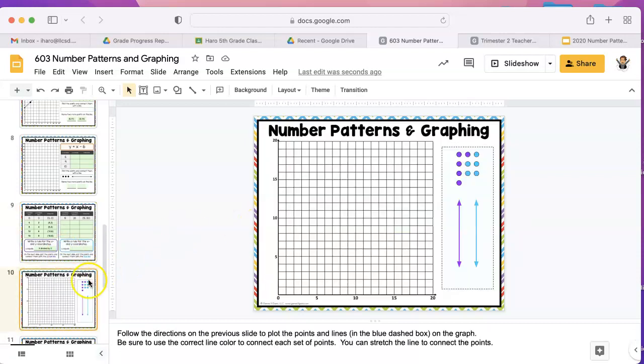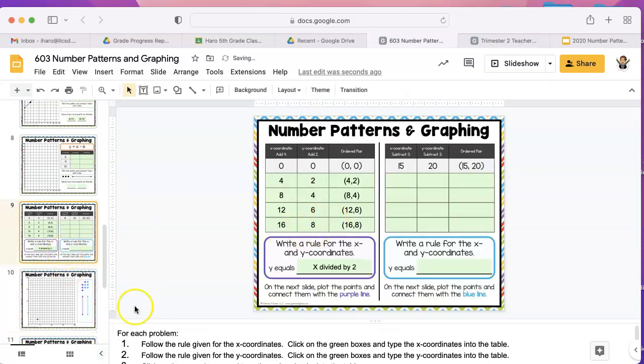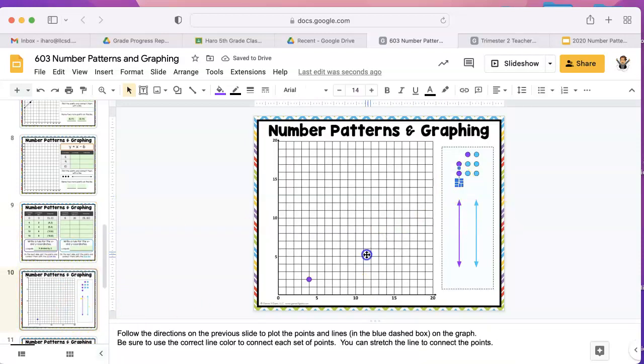4 and 2, 8 and 4. So purple one, right? 4 and 2. 8 and 4. The other one was 12 and 16 from slide 9. Gotta be careful though, boys and girls.